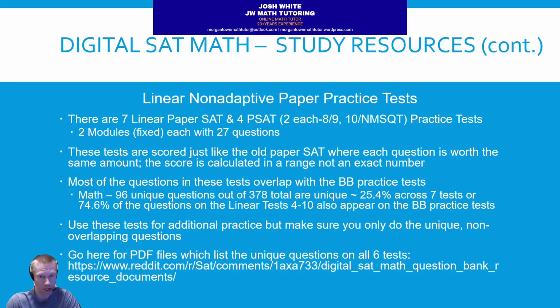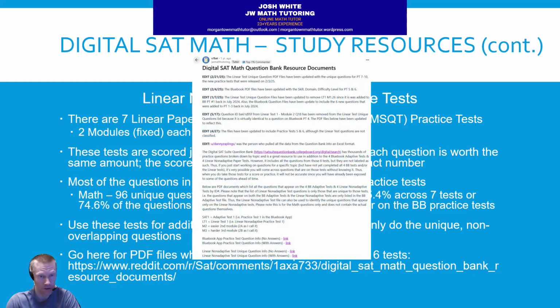If you want to find out which specific questions on all 7 of these paper tests are the unique ones, and that should say 7, by the way, not 6, because there were 6 tests, but it's been updated, so that should say 7 at the bottom there. There's a link in the Reddit post, and you go to that Reddit post, there are PDF files that you can click on, and it'll show you on each specific linear paper practice test the unique questions.